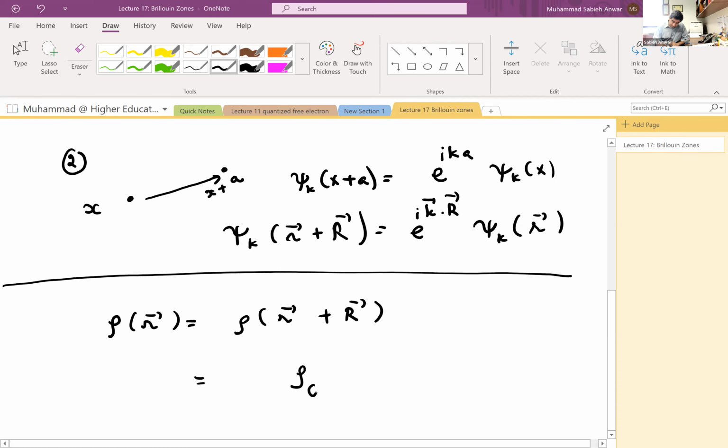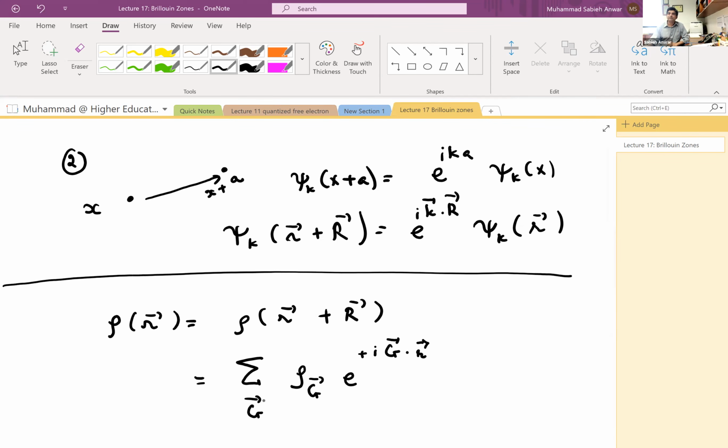We put a Fourier coefficient rho_G, where G is a reciprocal lattice vector, times e^{±iG·r}, summed over all the values of G. These are vectors that live in k space, but they are reciprocal lattice vectors, and we've already talked at length about them. So any periodic function can be written in the form that you see on the screen. This is what we covered in the previous lecture.